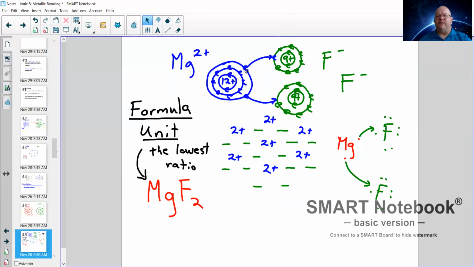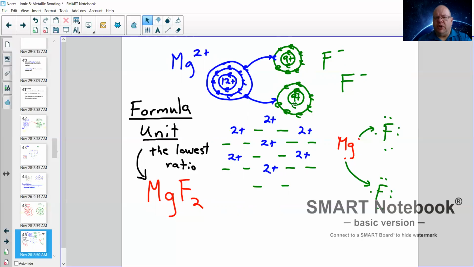So if magnesium transferred 1 electron to a fluorine, the fluorine would have 8. It doesn't want any more. So we need another fluorine to come along. That second magnesium electron could go to the second one. And so in order to make everybody happy, we need a ratio of 1 magnesium for every 2 fluorides.